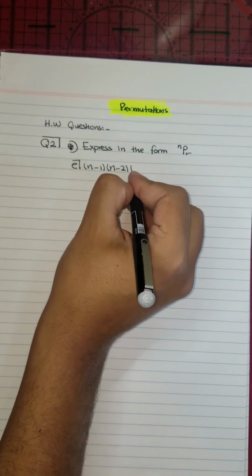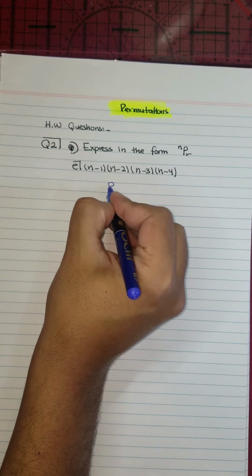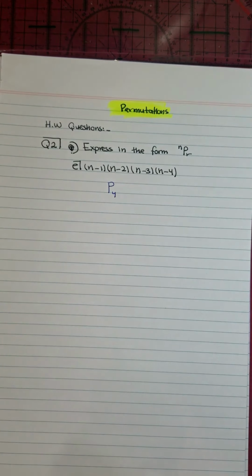So this one was quite straightforward. It's not that hard. All you need to know here is that we have 4 actions: 1, 2, 3, 4. So when you write it as a permutation, you write 4 here, since you have 4 actions. And then you are going to write the largest number in the sequence.